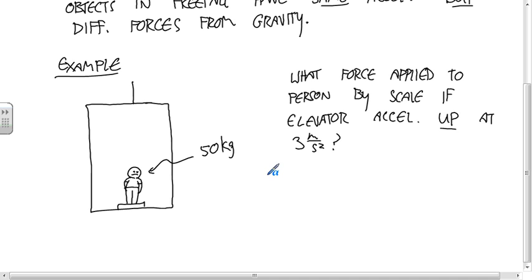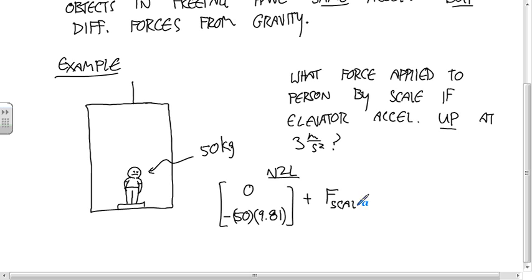Okay, so Newton's second law says we have to add up all the forces on the person. The first force on the person is the weight. That's 0, and then negative the mass of 50 times 9.81. And the only other force on the person is the force applied to the person by the scale.